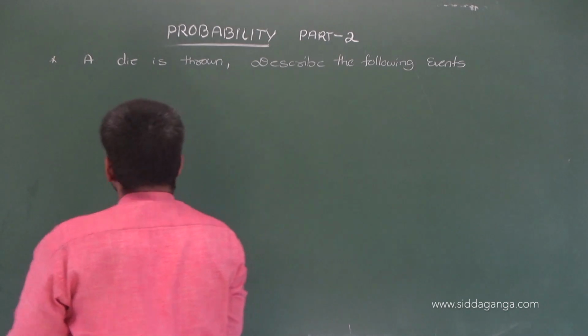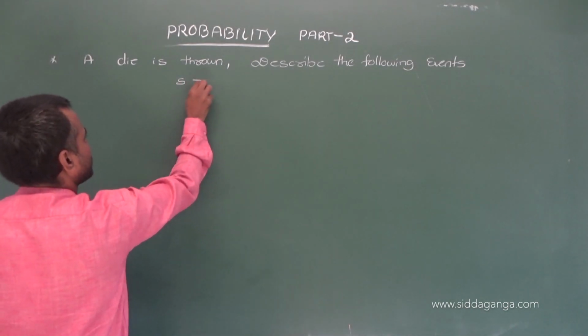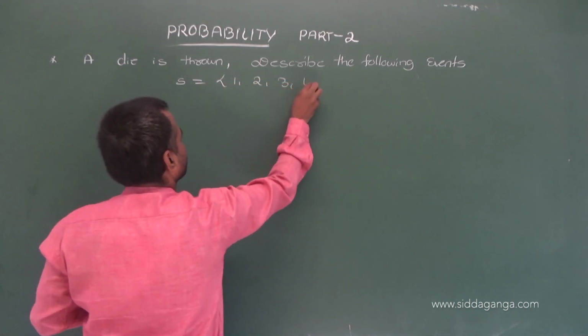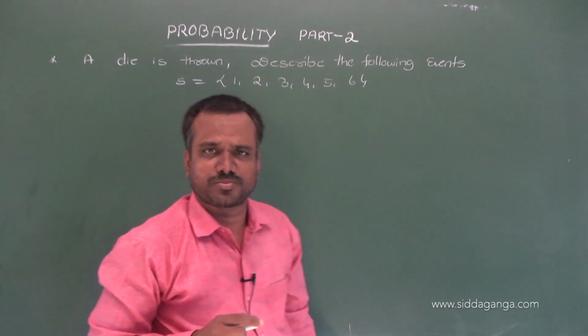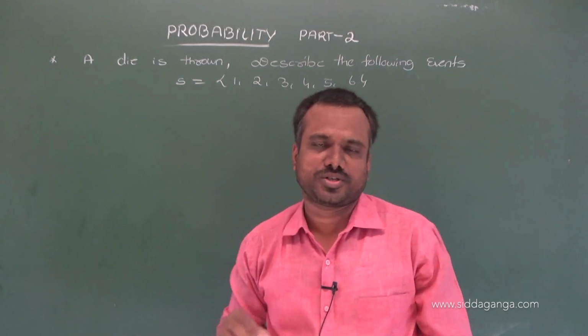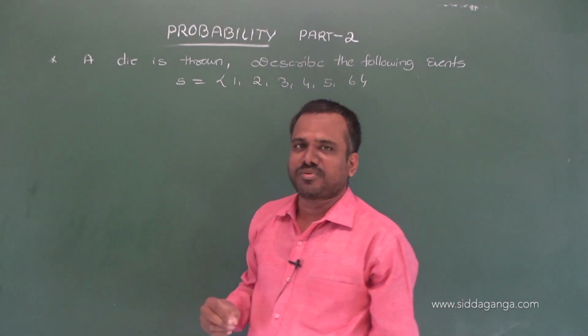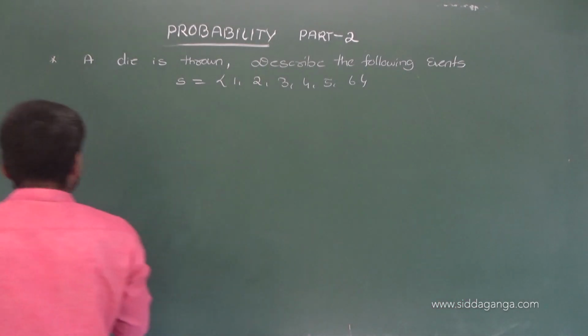So better I write the sample space. The sample space of the experiment is 1, 2, 3, 4, 5, 6. All the outcomes represented in the form of a set, that we call the sample space.